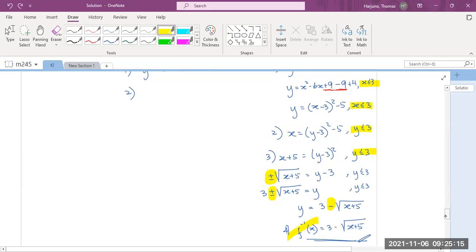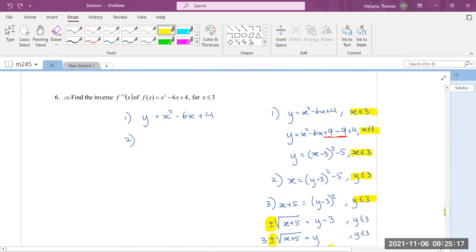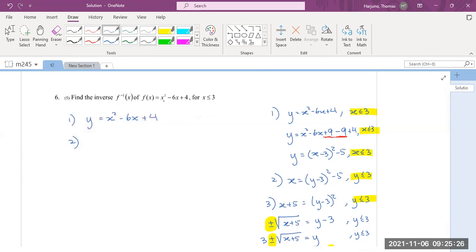Now, suppose we try to do it the regular way. Let me move this a bit to the left so that I have enough space. x is less than or equal to 3. When I swap, x becomes y, y becomes x.